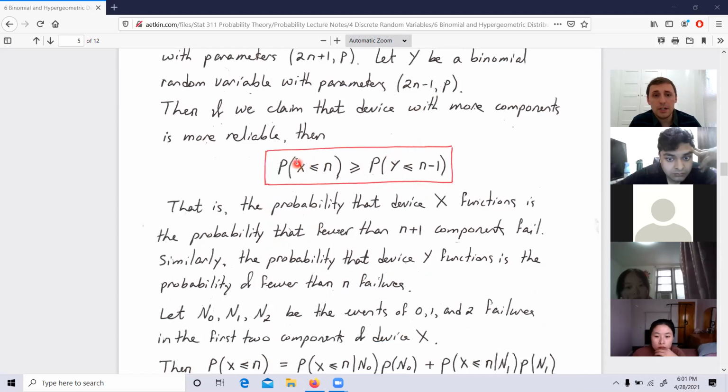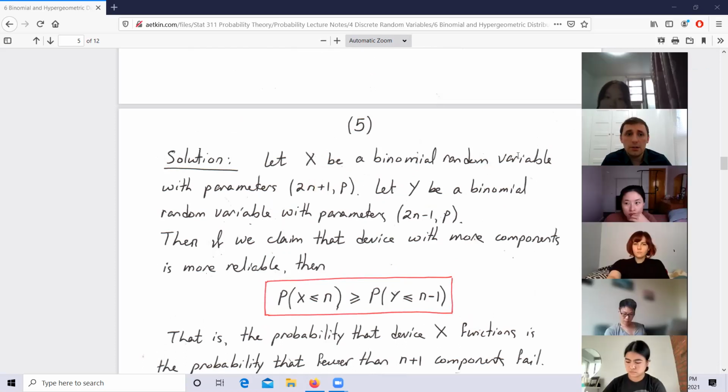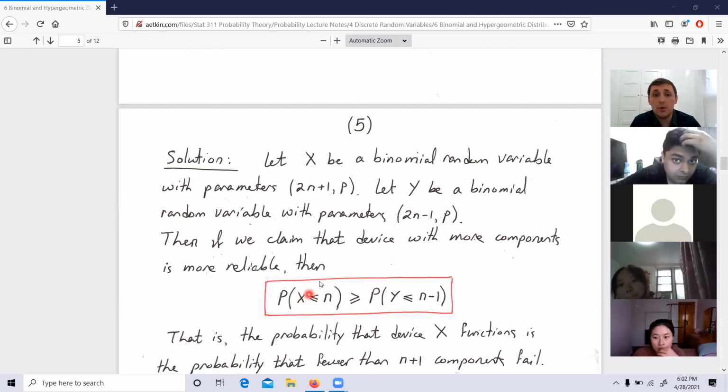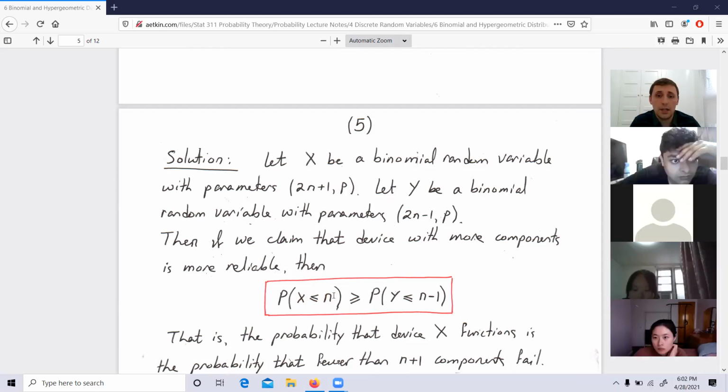All right, guys. So here, we claim that, the half mark here, guys, is n, right? So if this machine is more reliable, then the probability that X is less than or equal to n, in other words, fewer than half the devices failed, should be bigger than the probability of the other machine that has fewer engines failing at its half mark.